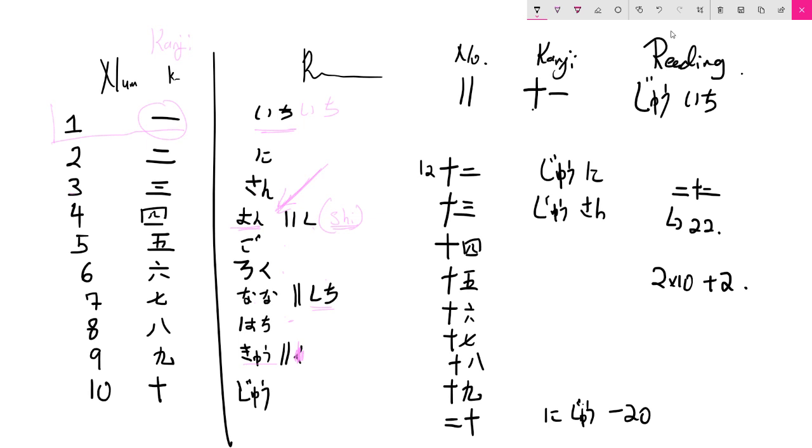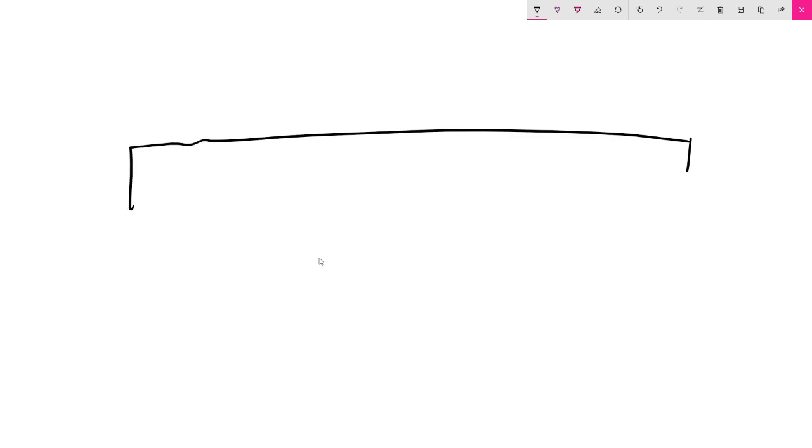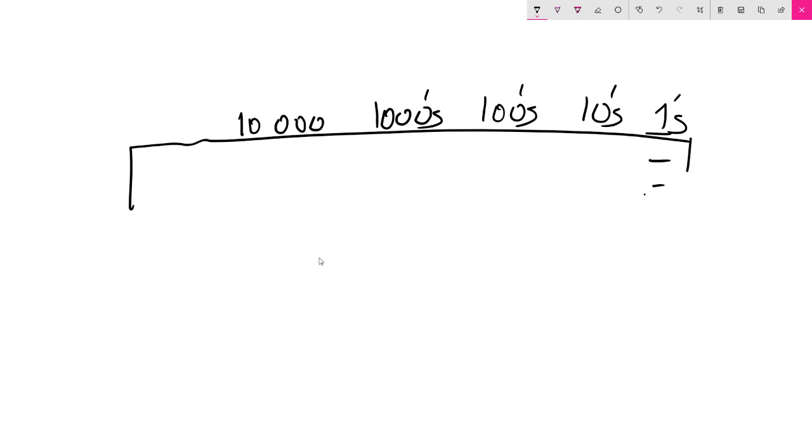So I'm going to clear this whole page up right now. Just don't panic. Okay. So the Japanese number system is always read like this. You have the ones, the tens, the hundreds, the thousands, and the 10,000, right? So these are suffixes that we have to learn. So ones is basically 1, 2, 3, 4, 5, 6, 7, 8, 9, and 10.